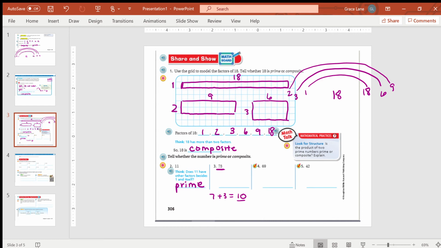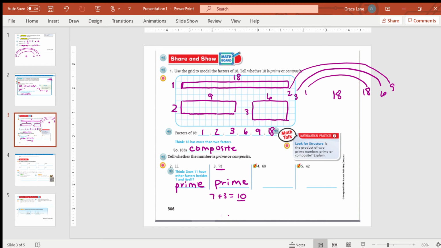No. So it can't be divided by 3. I can't think of 4 times something equals 73. 5 wouldn't work because it doesn't end in a 0 or a 5. 6 does not work because it had to be divisible by 2 and 3. And 9 doesn't work because 10 can't be divided by 9. So this has to be prime.